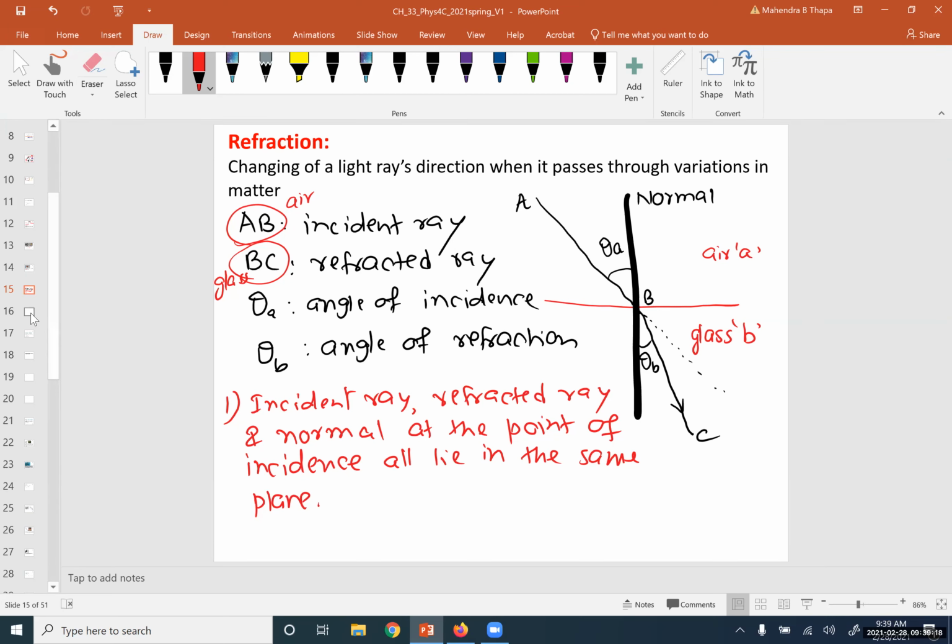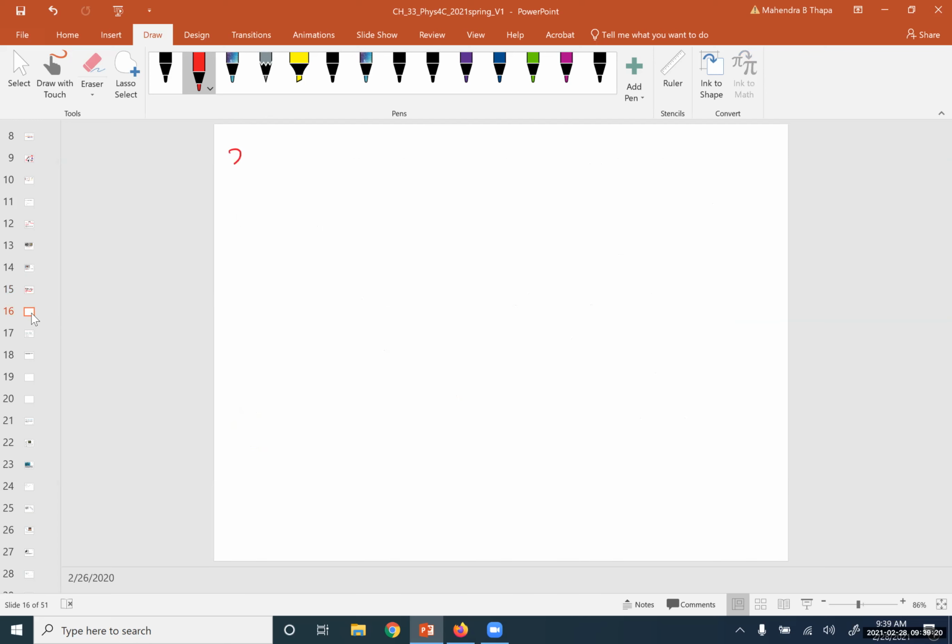And the next law we can state like this: the ratio of sine theta A over sine theta B is constant for a pair of media.